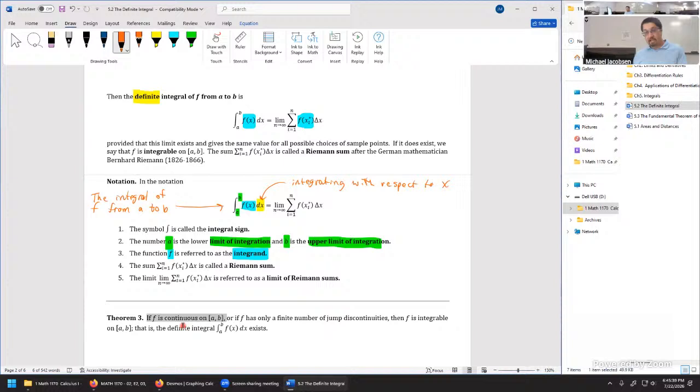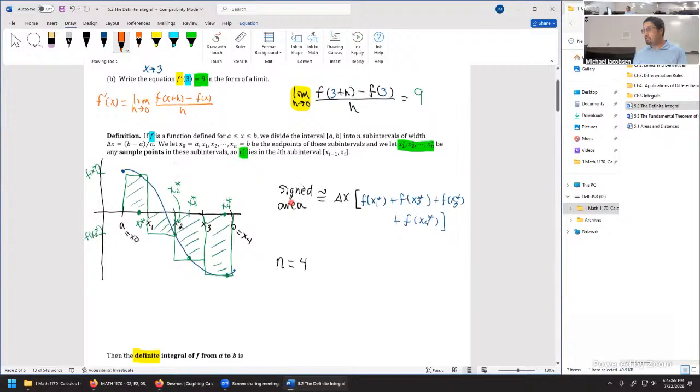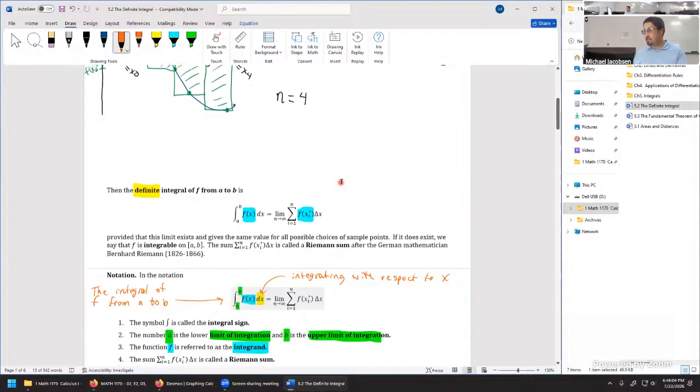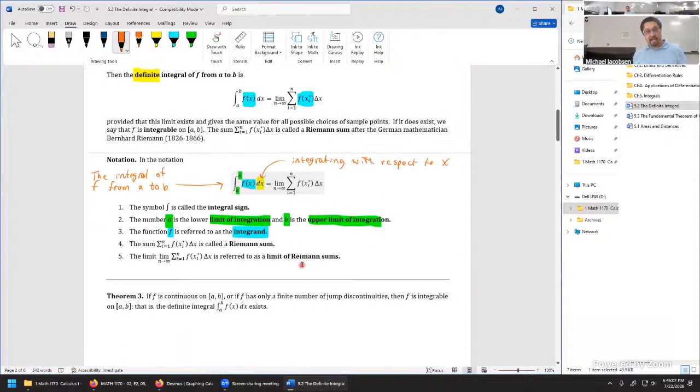But also says if it's continuous on the closed interval from A to B, or only has a finite number of jump discontinuities, not an infinite number, then f is integrable on A to B. The integral is guaranteed to exist, which means that limit exists, and that's how we define the signed area in the very first place, putting a limit in front of that entire term. So continuity comes back and it gives us a condition right away for when you can integrate a function, get an answer out, and the answer to this would be the signed area.